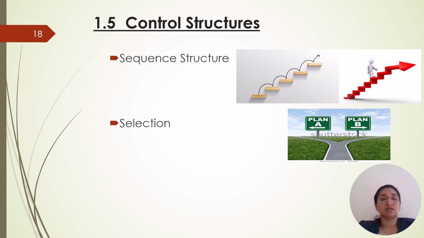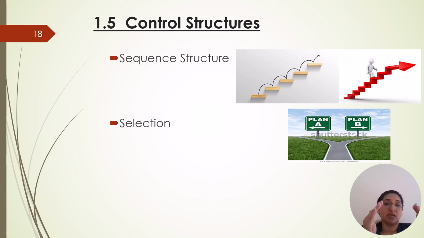So you do something. If this happens, do plan A, otherwise do plan B. If the student obtained 50, display pass, otherwise display fail.